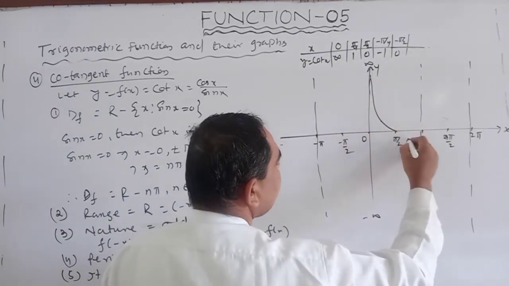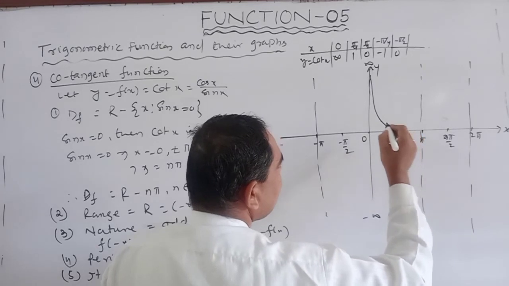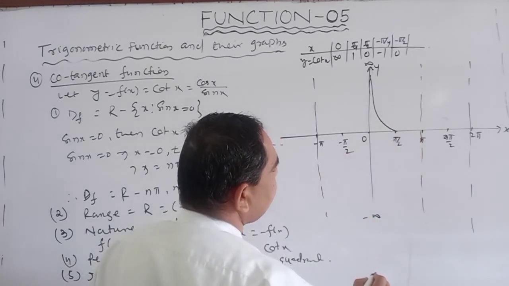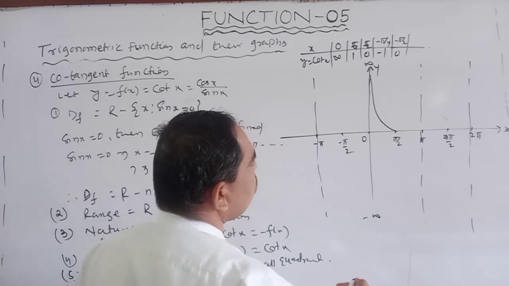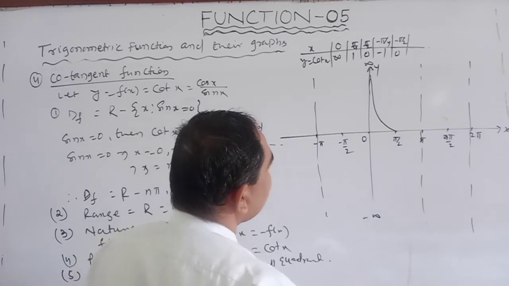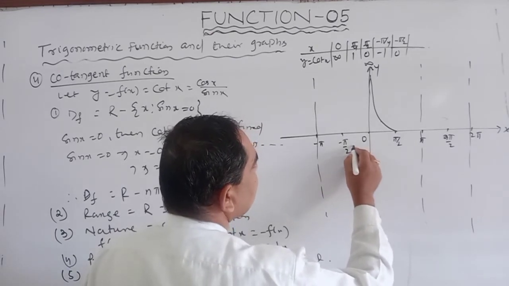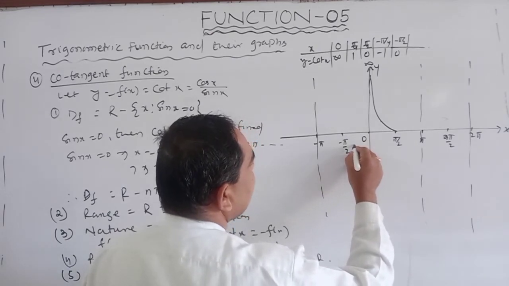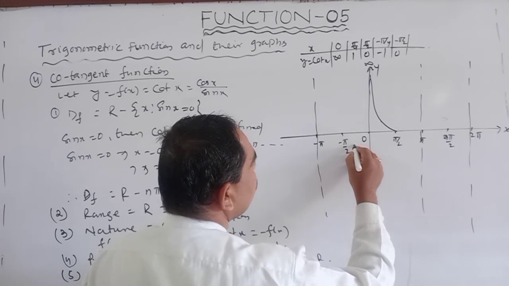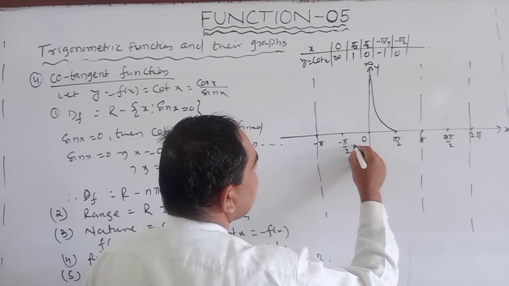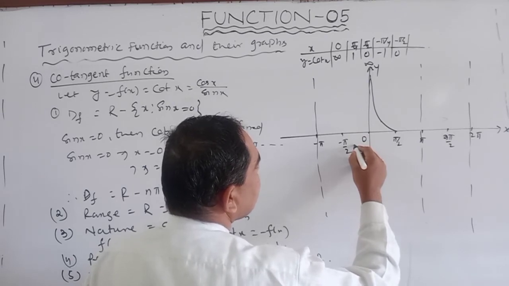x is equal to minus pi by 4, it is minus 1, okay. x is equal to minus pi by 2, it is 0.